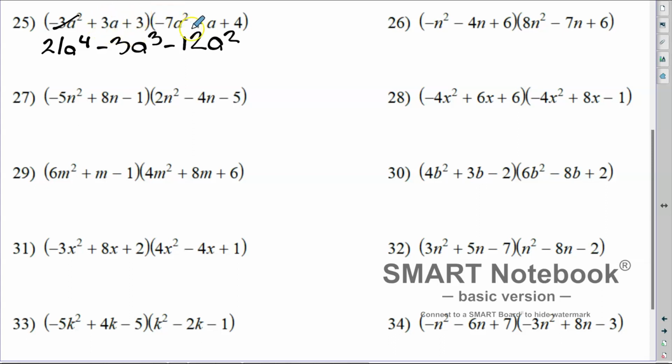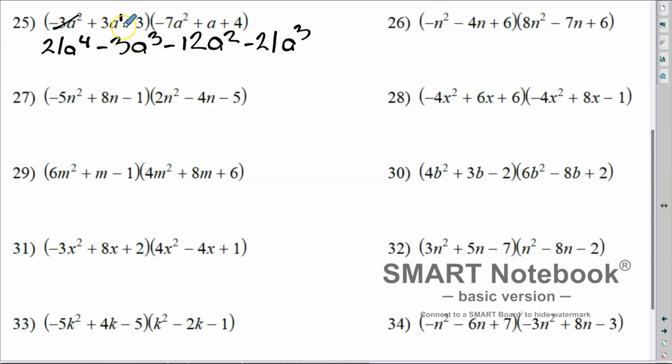Now I go to this guy who's going to go to all three. So I've got minus 21a cubed. Now notice, since I'm multiplying 3a times negative 7a squared, I'm multiplying these two, so the exponents, I add them, because I'm multiplying, which is different than if I was adding these two terms.